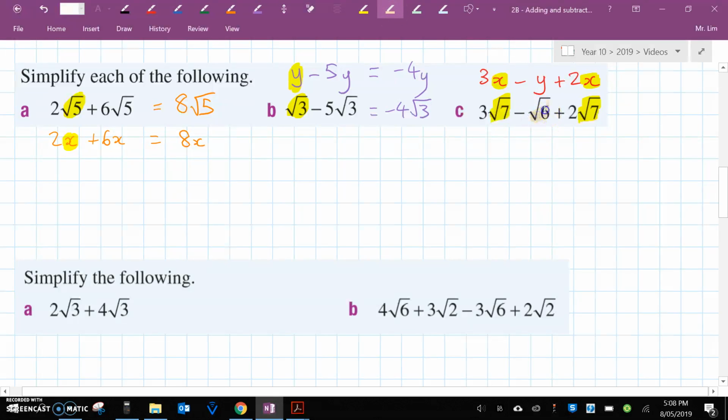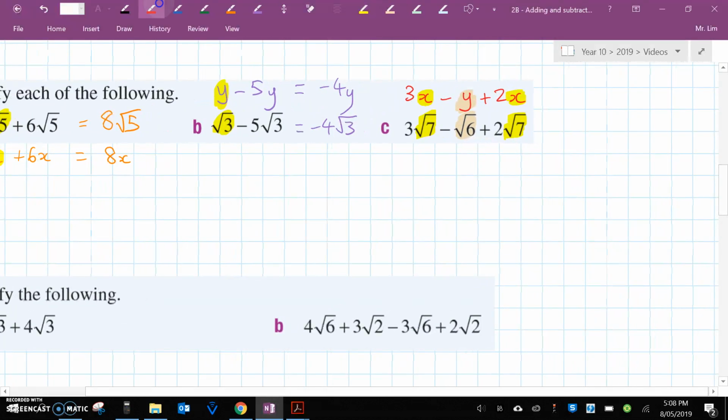But because this was root 6, I had to use a different letter. So 3x plus 2x is 5x minus y. Except instead of using x, I'm using root 7. Instead of y, I'm using root 6. And that's it.